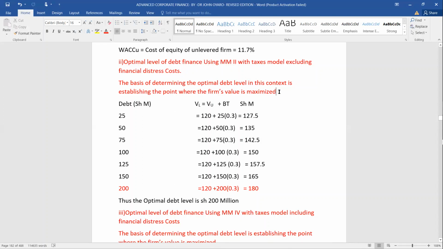So that means we have to check the value of the firm at 25 million debt, 50 million debt, at 75 million debt, even up to 200 million debt.